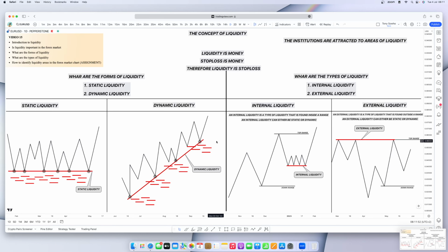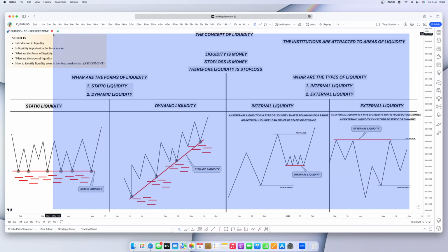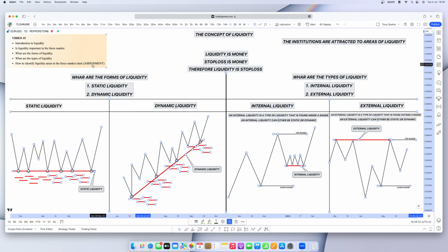All right, let us move to looking at chart examples now. I'm going to take all of this away now, then we can look at examples, after which I will give you a homework exercise.